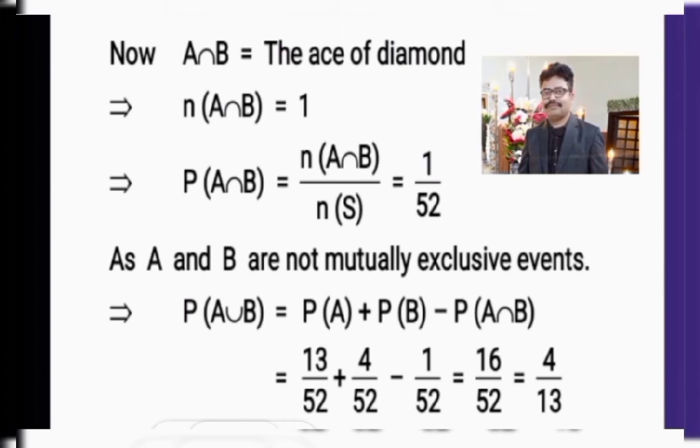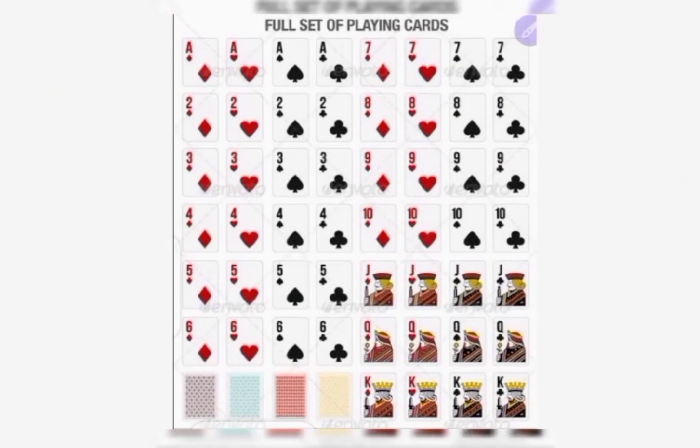Before finding the probability of A union B, we have to check, is there any common value? Yes, there is a common value, that card is diamond. These cards are diamond cards. In diamond cards there is an ace card.